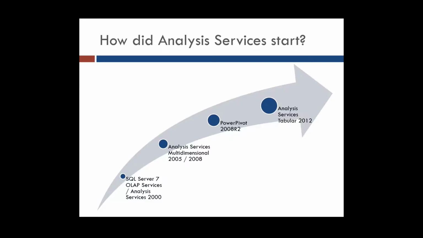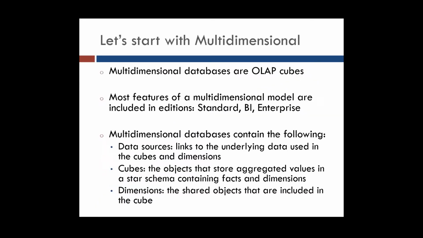So let's start by looking at multidimensional. As we mentioned, multidimensional started in about 2005 in the way we know of it today. And it is an OLAP cube, online analytical processing cube. And it allows us to have the semantic model layer.